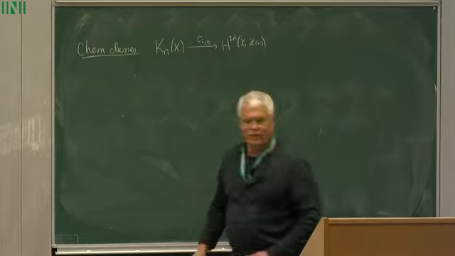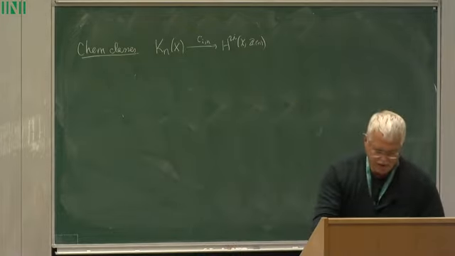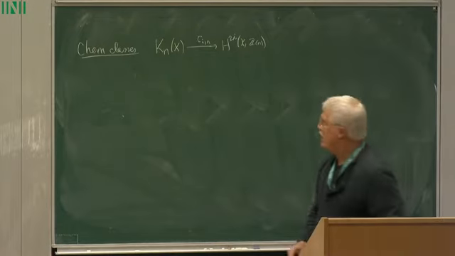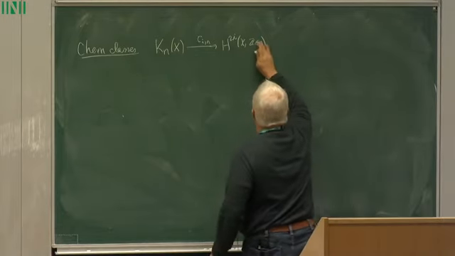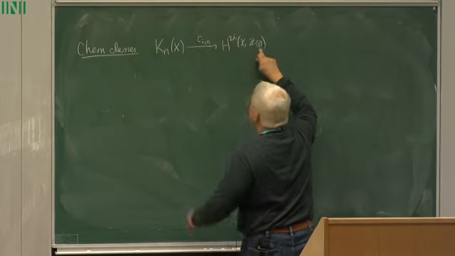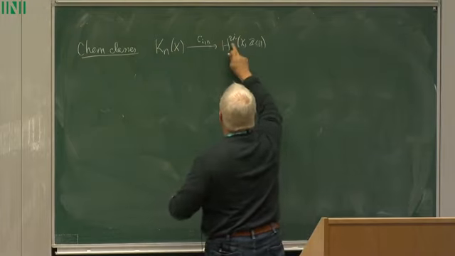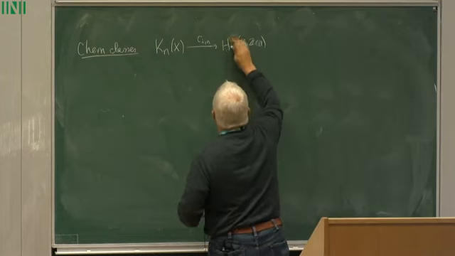I hope I got my indexing right. 2i minus, no, it's i times. So the twist is i, and the cohomological degree is 2i minus n.